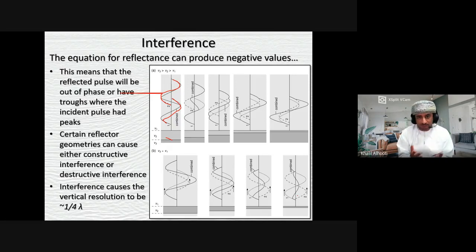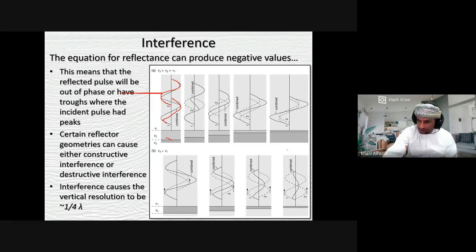Then comes the point of how thick the layer is supposed to be if I want to resolve it. If I want to see it, how thick is it supposed to be for the seismic wave to resolve it? It's supposed to be a quarter of the wavelength of the seismic source.